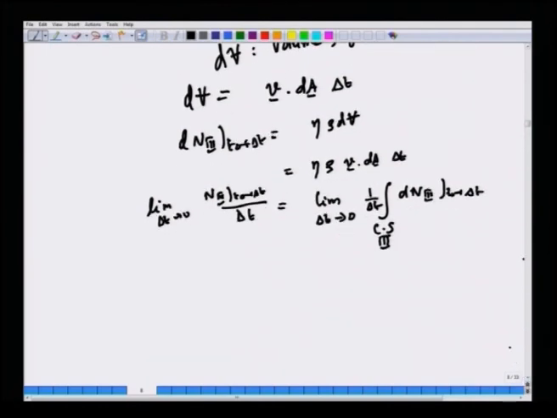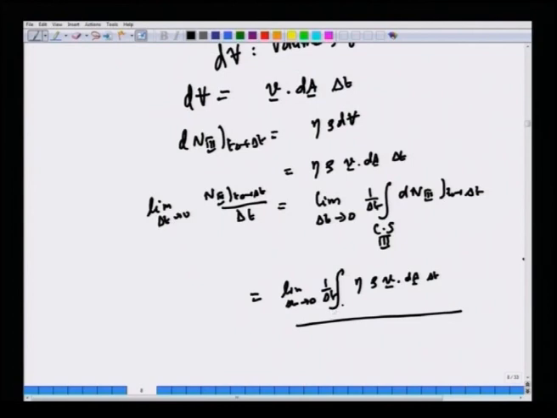So, this is the limit as delta t goes to 0 of the integral of 1 over delta t times rho V dot dA delta t, and you already have the delta t here.